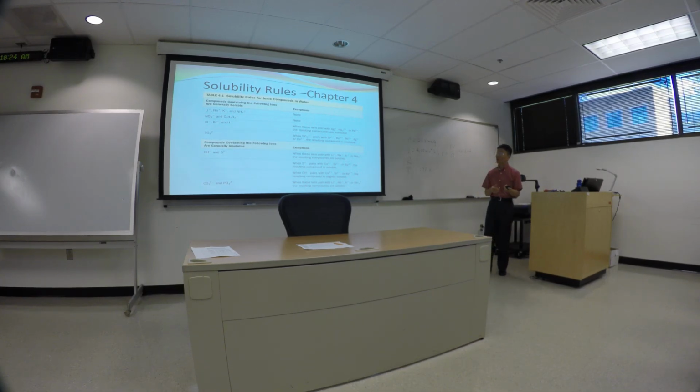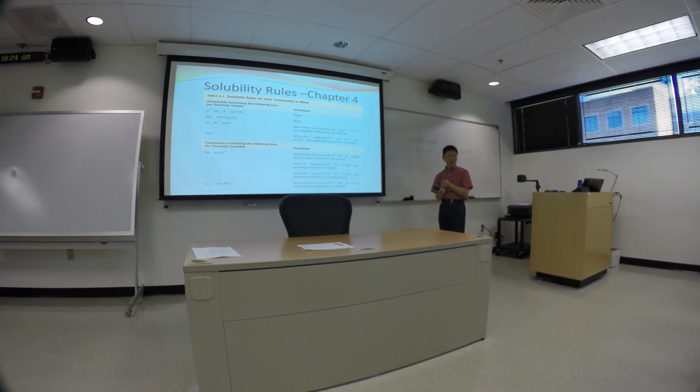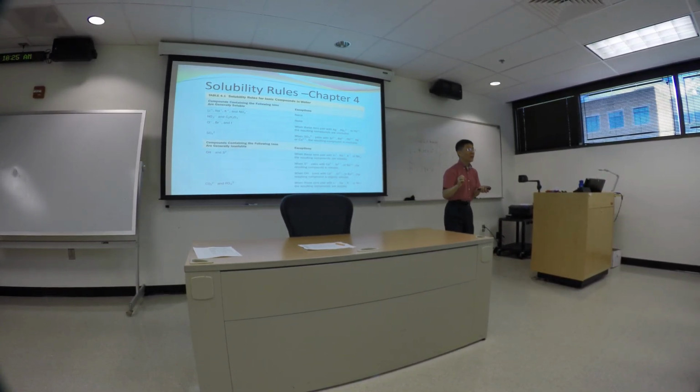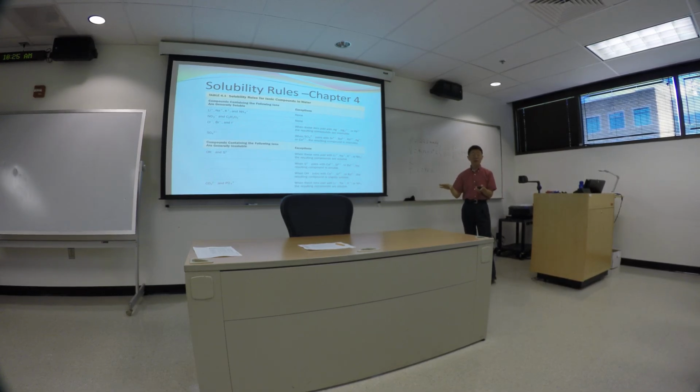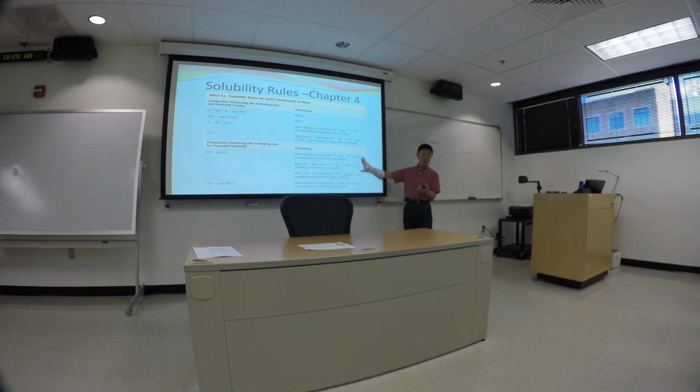That actually has something to do with intermolecular forces, but mainly with how strongly the ions are attracted to one another. This is something that I need you to memorize when you prepare for the final exam. When you click on final exam on Canvas, there is a similar slide. I took that slide off of my Chem 102 PowerPoint and posted it there, rules of solubility. This is the rules of solubility in your textbook there.